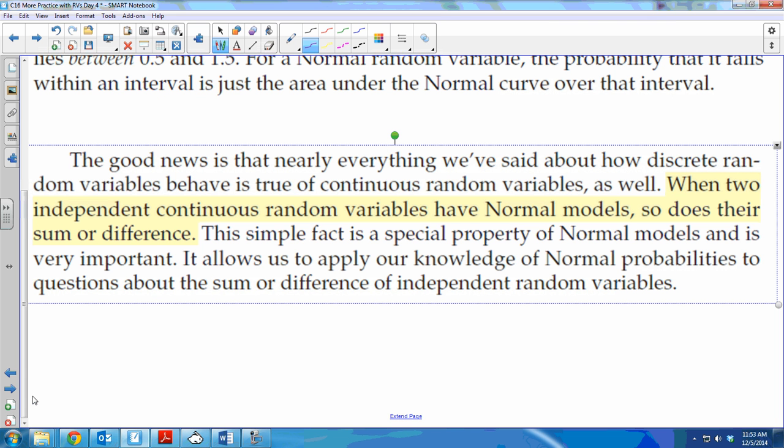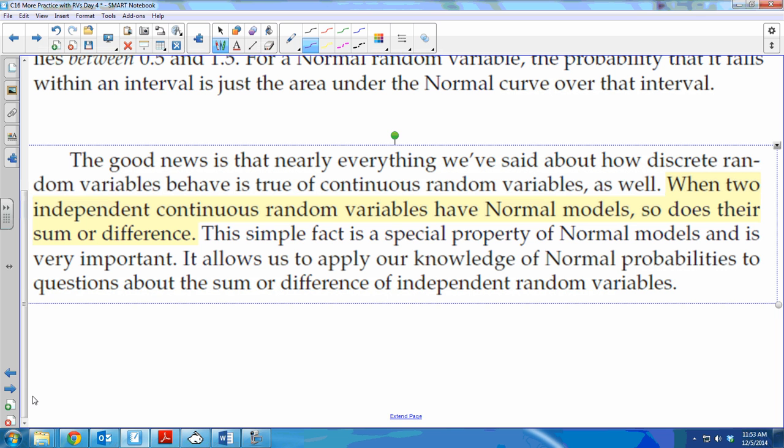So we can start adding and subtracting and doing things like that. When I do some questions with you today, the first part of it you'll be able to get. It won't be a problem. You wouldn't probably even know the difference, that it was continuous or discrete. They wouldn't give all the probabilities, but you could still answer the question. But then if it asks for a probability, we're going to have to use a normal model.